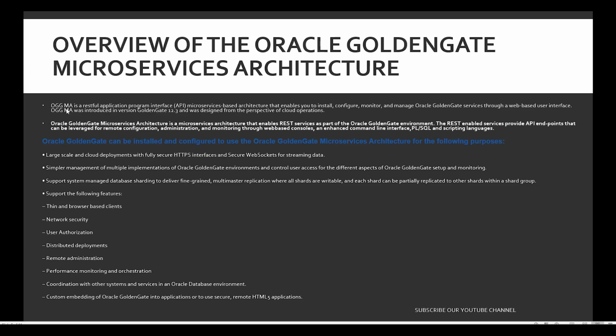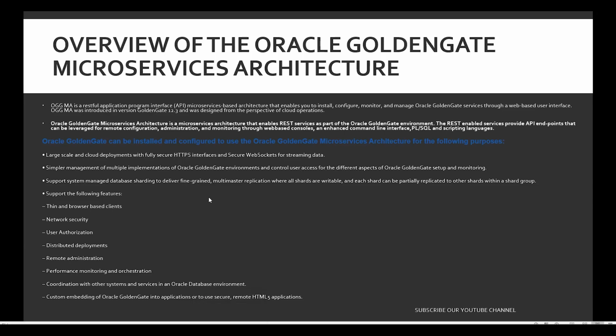The main concept behind Oracle microservices is that it is based upon the RESTful application API. So everything we can see in a representational way or using web browser access.